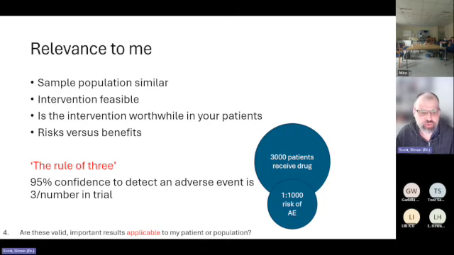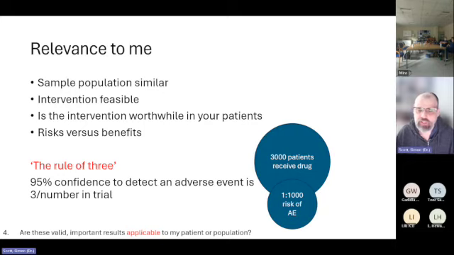There's a thing called the rule of three, which is you basically need 3 times the number of patients in the trial to give you 90% confidence to detect an adverse event. So if you have 3,000 patients that get a drug, there's a 1 in 1,000 risk of an adverse event.